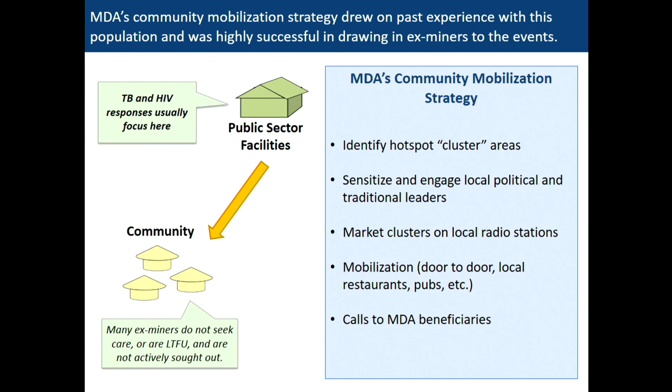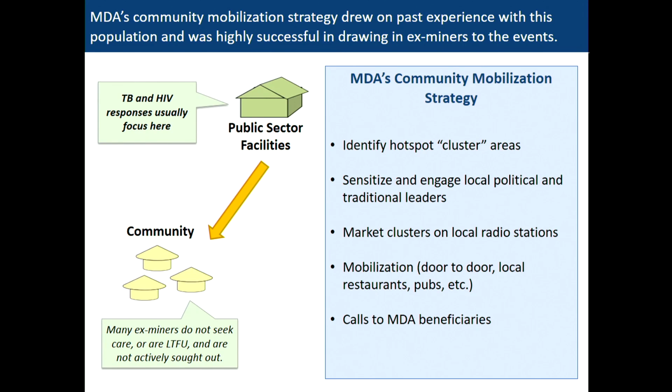They had around 5 different components. First, they identified hotspot cluster areas using a beneficiary database that they already had. They had a very extensive database with all around 17,000 ex-miners in Lesotho, and we were able to use that to see where there was a high density of ex-miners and where we could concentrate our efforts.